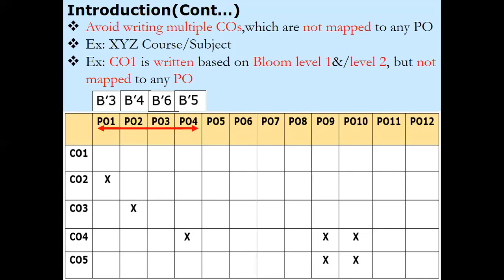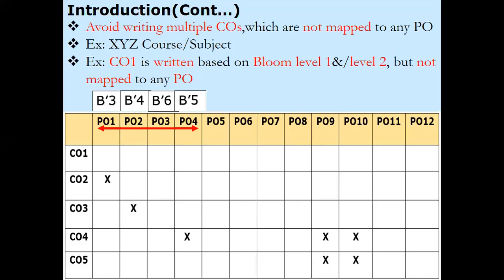Like that, any CO, if it is reaching the highest level of Bloom's, then you have to map to that particular level only. This norm is applicable up to PO4 only, since for Bloom's B3 to B5 you can map only up to PO4.